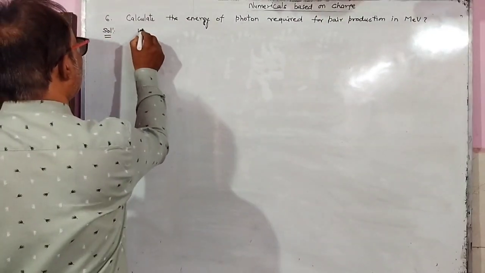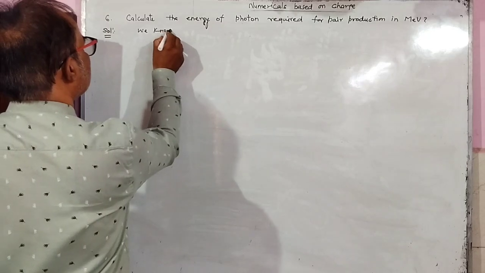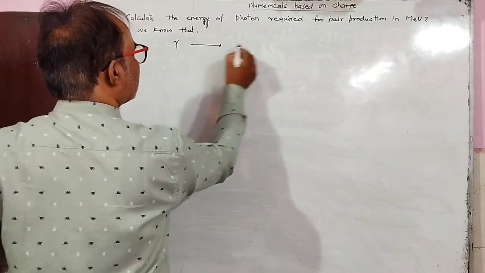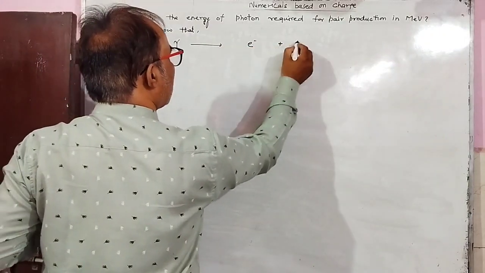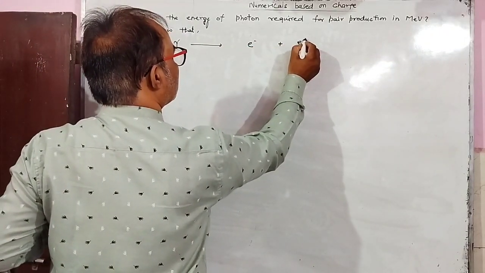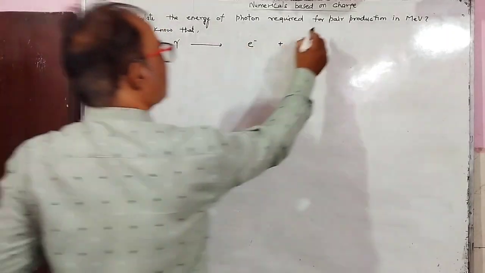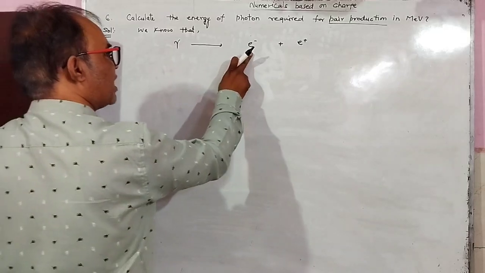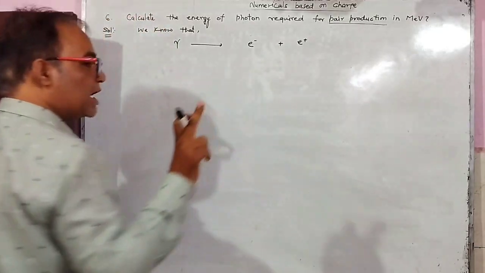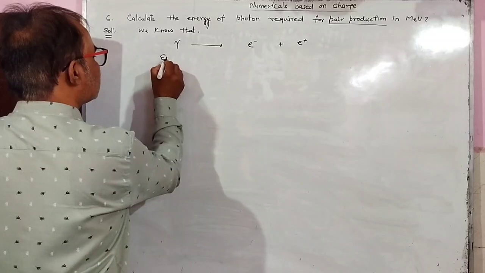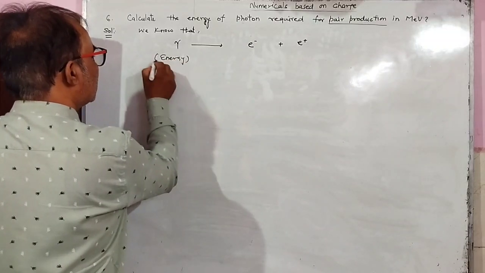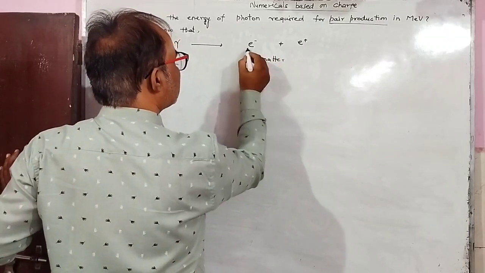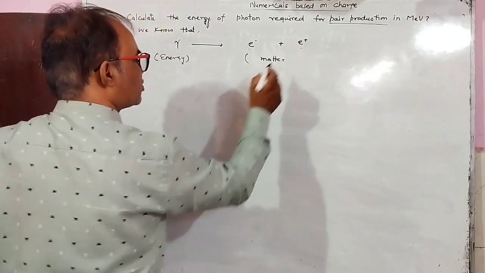Since we know that during pair production, a gamma ray materializes to give an electron and positron. That means energy is being converted into matter. This is matter. This one is electron and this one is positron.